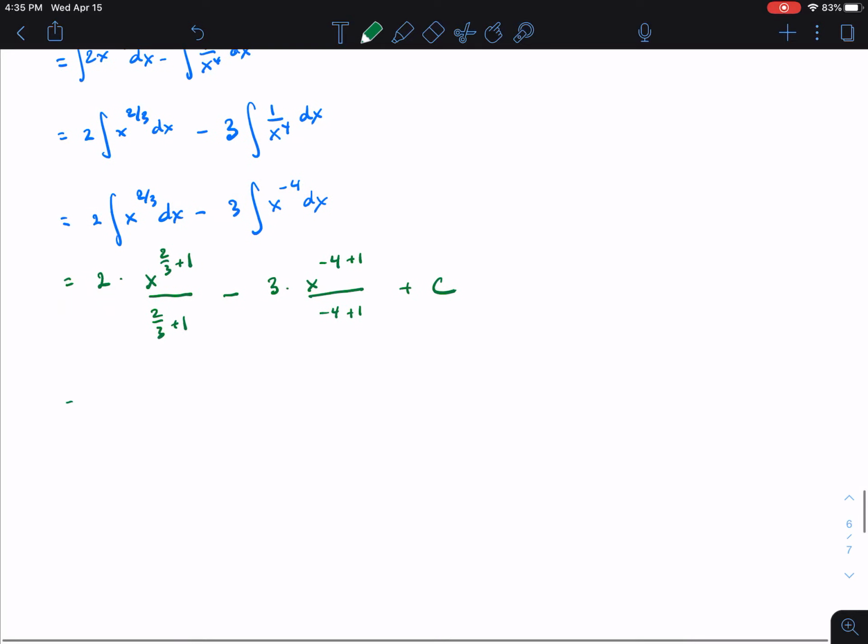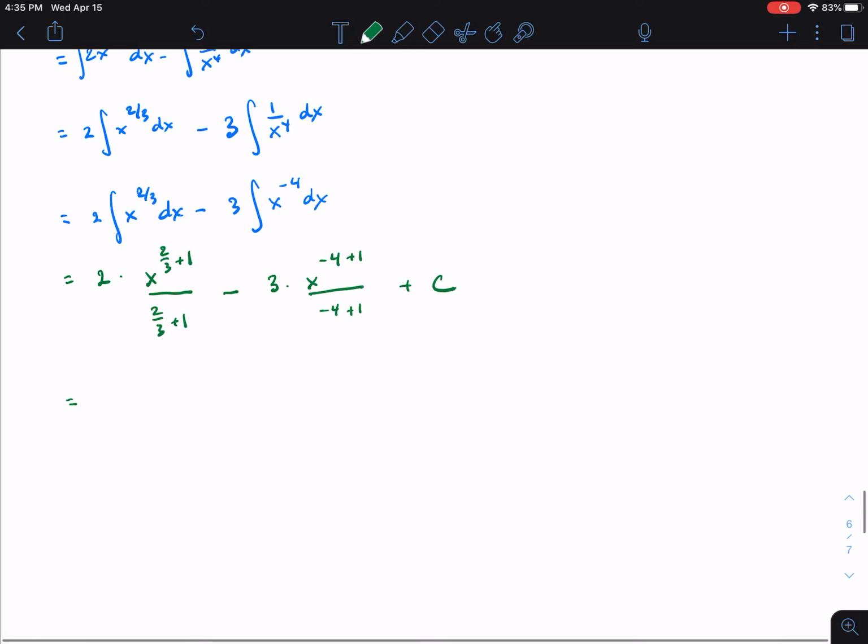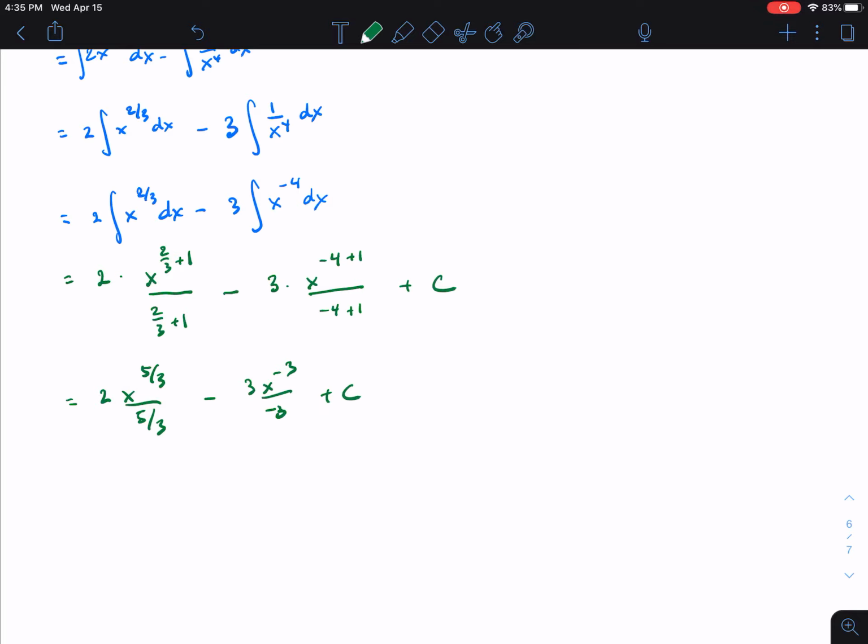Let's do the math here. We have 2/3 plus 1, which becomes 5/3. So 2x to the 5/3 over 5/3, minus 3 times x to the -4 plus 1, which is -3, over -3, plus c.